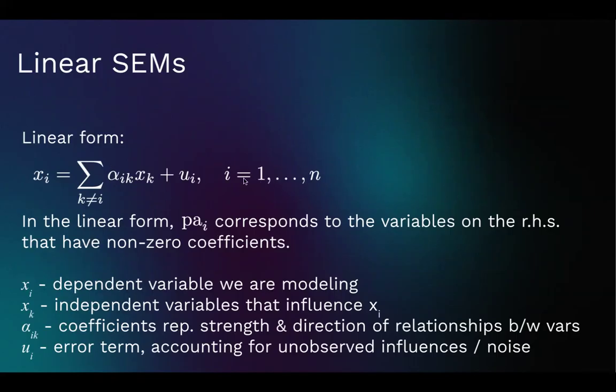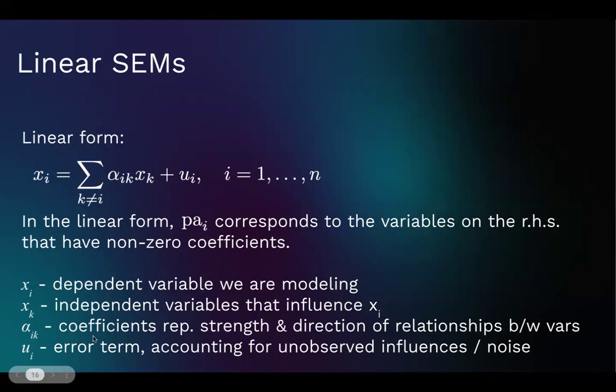So this is the form of that equation. Here, instead of the PA term, it corresponds to the variables on the right-hand side of the equation that have non-zero coefficients. So x of i is the dependent variable that we're modeling. x of k are the independent variables that influence each x of i.